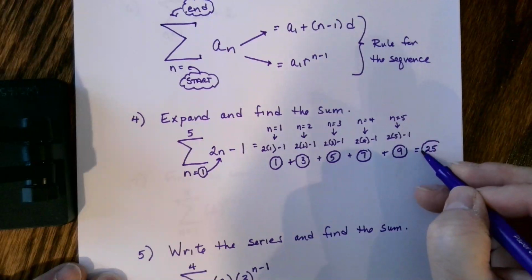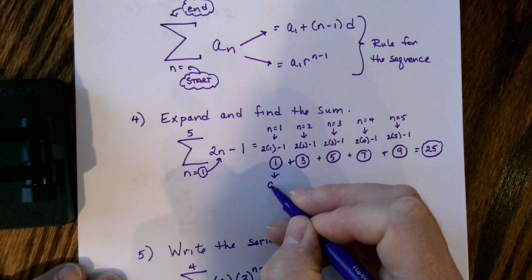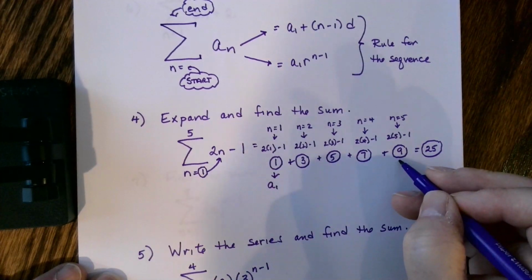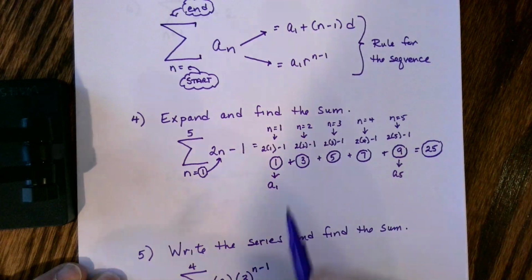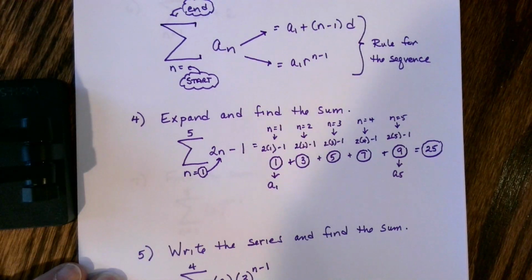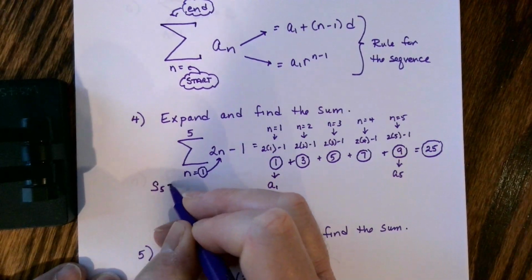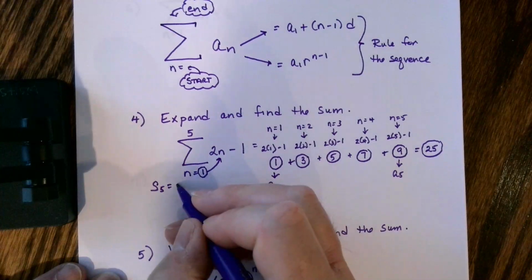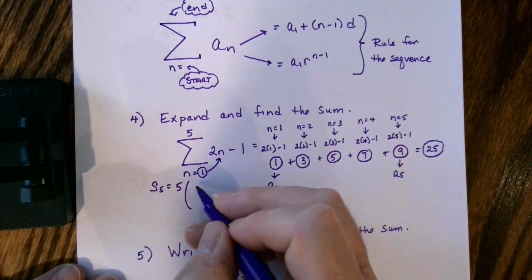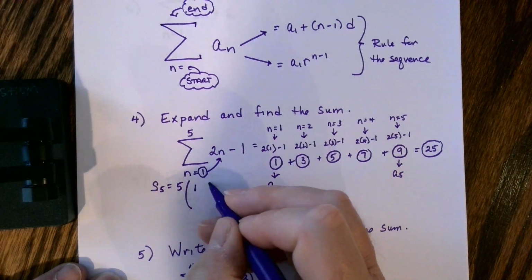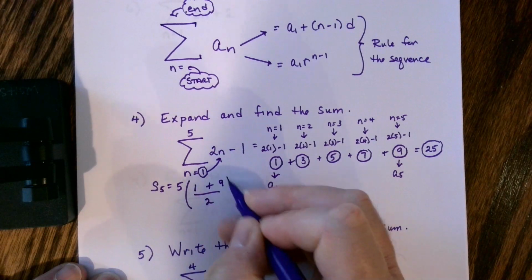Let's see if I get the same thing if I use my formula. My first term is a sub 1. My fifth term is a sub 5. So these are the two values I would need to use my sum formula. The sum of the first 5 terms would be equal to the number of terms, which is 5, times the first term, which is 1, plus the last term, which is 9, all divided by 2.